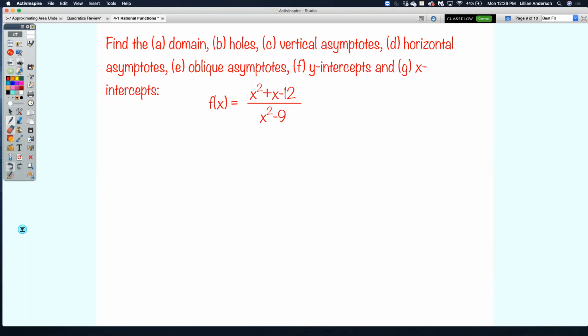First thing, to find our domain. Our domain is everywhere where the denominator, b of x, does not equal 0. So that means I need to set the denominator not equal to 0, because everywhere it is not equal.